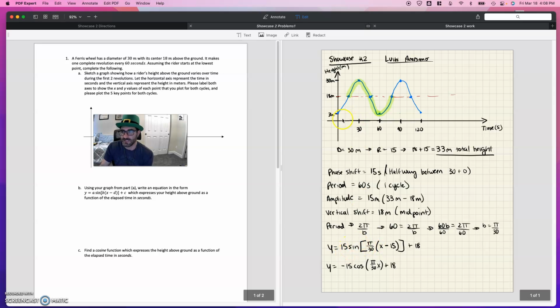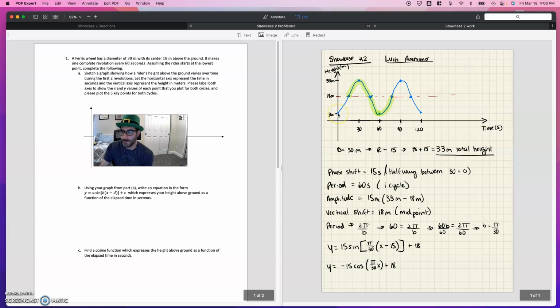Now for cosine, it's rather easy since you're not really doing any calculations. What we're doing is essentially flipping our sine graph and taking out its phase shift, because at cosine we're going to start. This is a cosine graph, right?